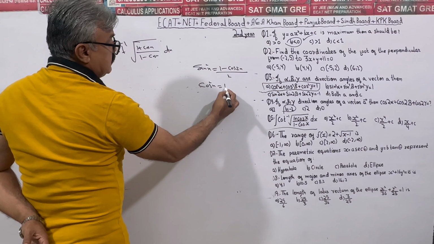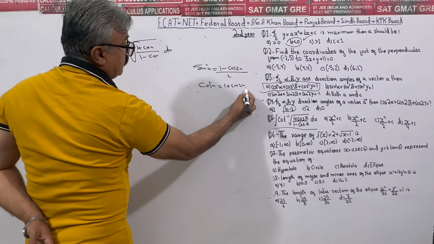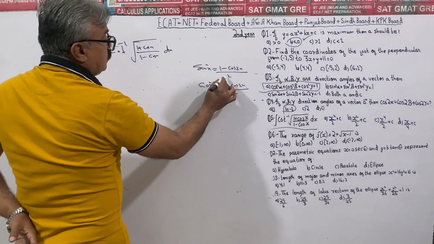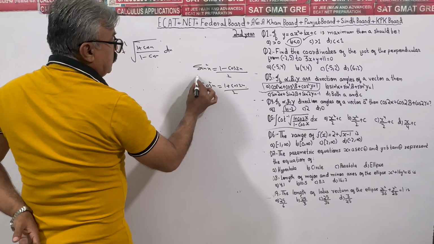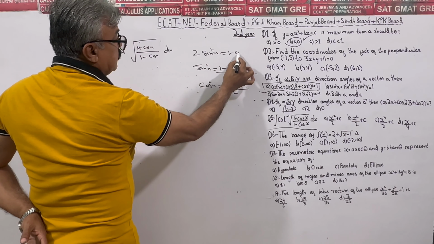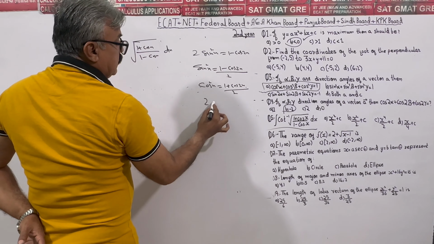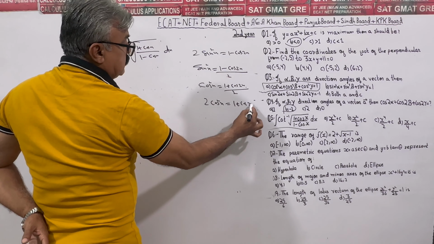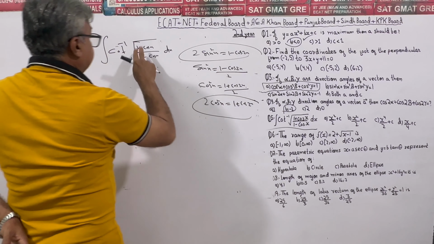Similarly, cos square x is equal to (1 plus cos 2x) over 2. If I move 2 there, it will become 2 sin square x is equal to 1 minus cos 2x. Similarly, 2 cos square x is equal to 1 plus cos 2x. Utilize these two identities here.